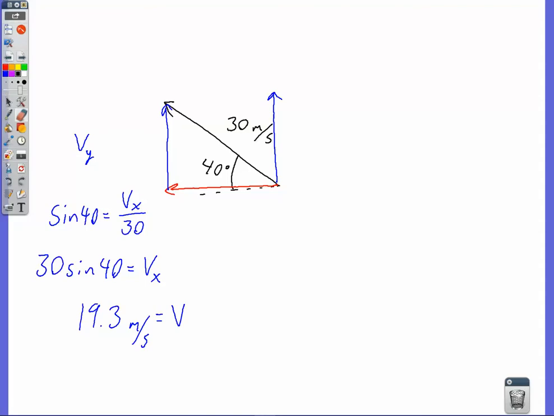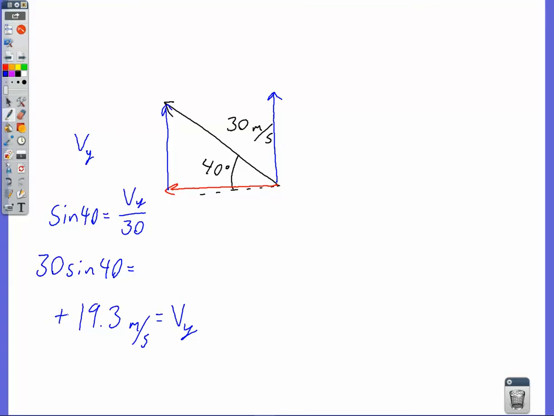That is a mistake. Let's go back and change that. We're talking about Vy. Okay, mistake fixed. So that's the vertical component of the velocity, and it is going up, so I'm going to throw on a positive right there to tell me it's going in the positive y direction.